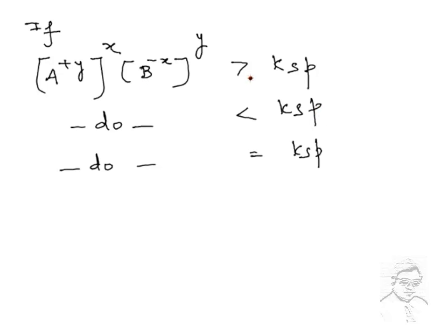If that number is more than Ksp, it means solid will precipitate. If that number is less than Ksp, no, it won't precipitate. It won't go to the left side. And if it is equal to, that's the limiting case.